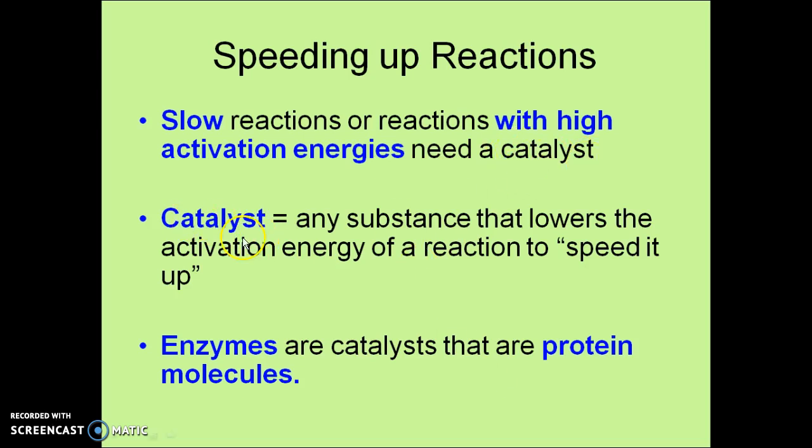A catalyst is a generic term for a substance that's going to lower the activation energy of a reaction, which will speed it up because you don't have to put as much energy in to get the reaction started. And putting energy in takes time. Now, enzymes are a specific type of catalyst. They're a specific type of catalyst that are protein molecules. So I would say enzymes are protein catalysts.